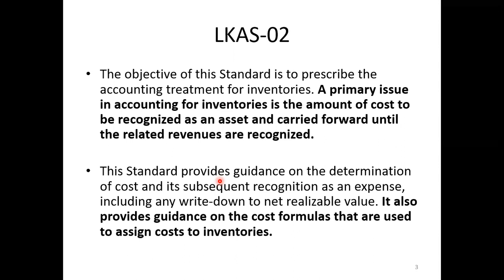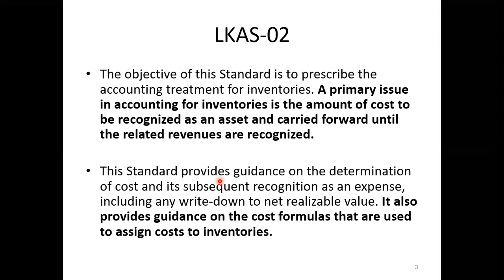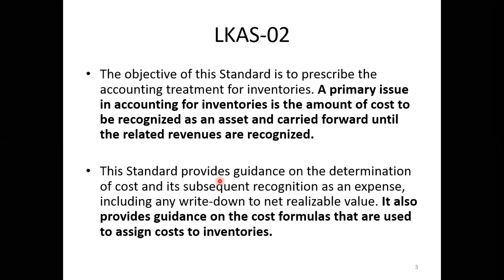You may encounter some calculations about this write-down on inventories. When it happens, we compare the carrying amount of the inventory, that is the cost, and the net realizable value.